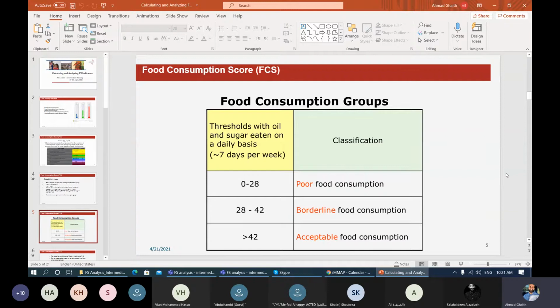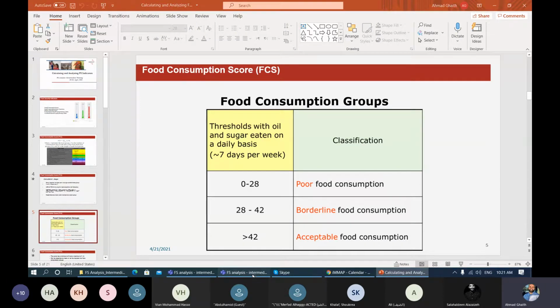And then 28 to 42 is this borderline category where we say that the family is eating enough food, but it's not really up to the standard of all of what we would want a family to be consuming in terms of quantity and nutritional value of that food.